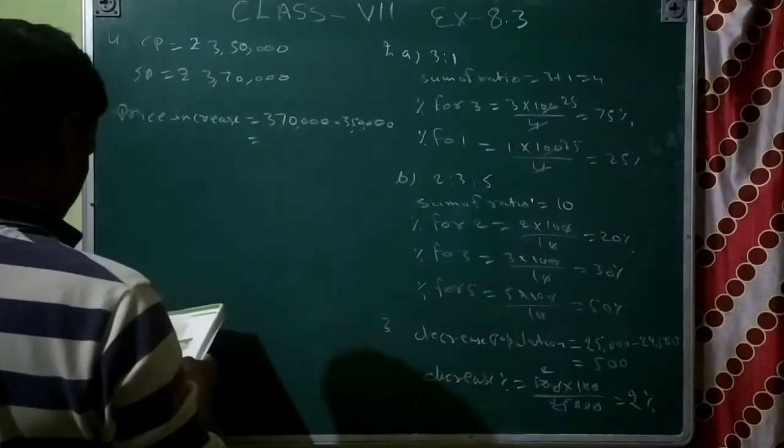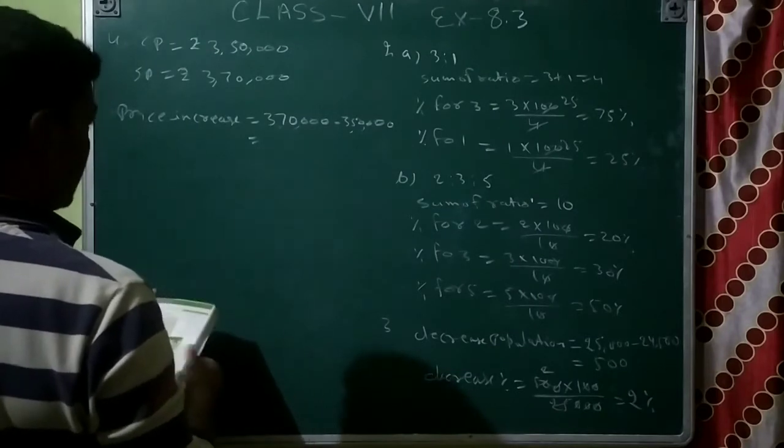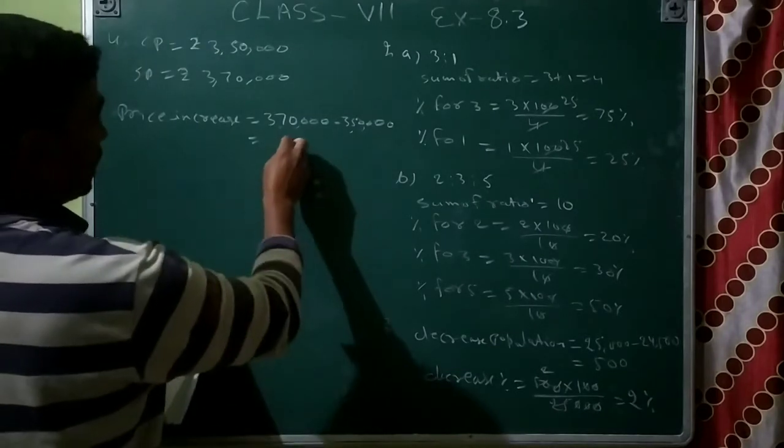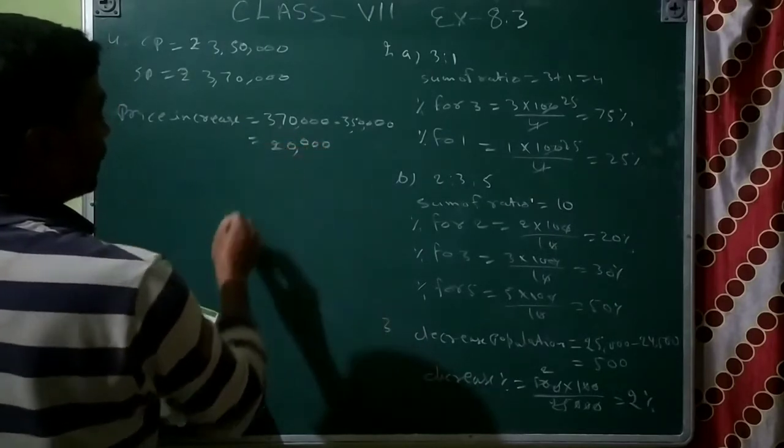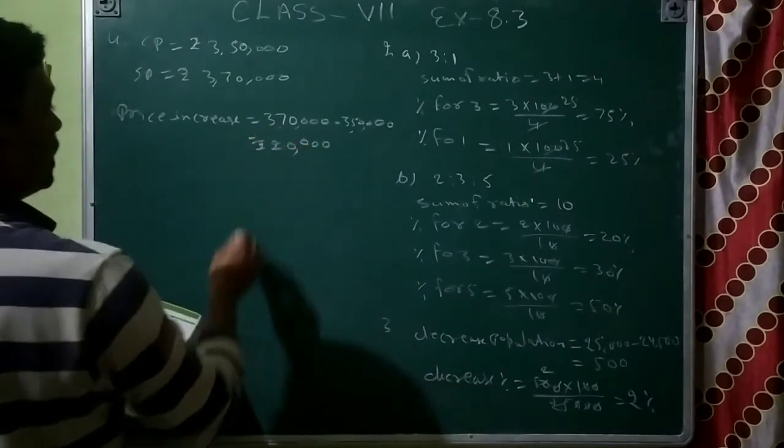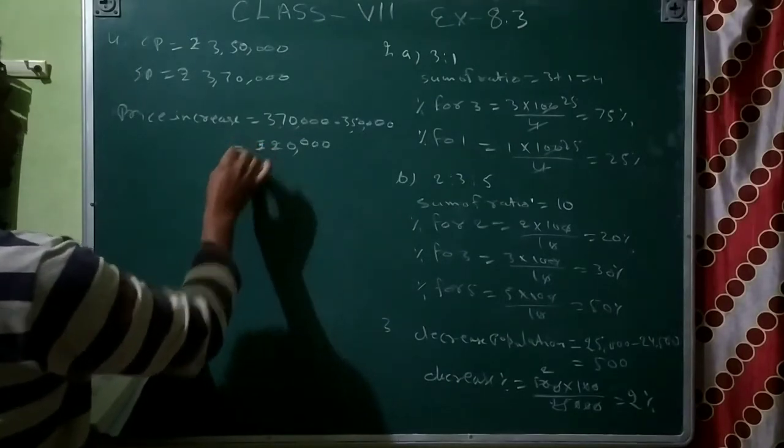So what do we need to find? The increase price percentage. Okay, so 20,000 price has increased.